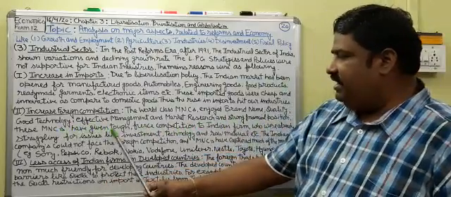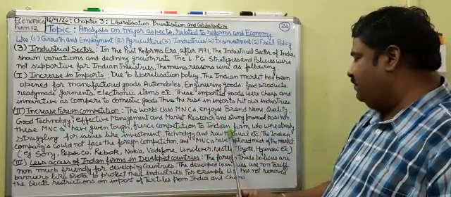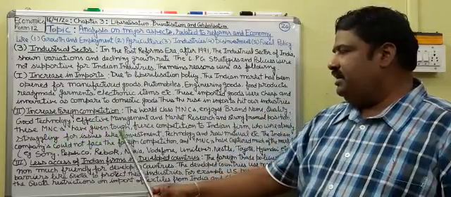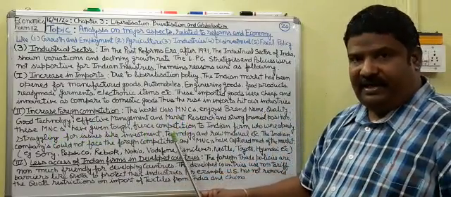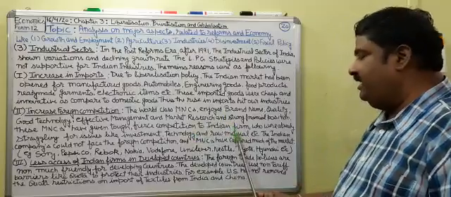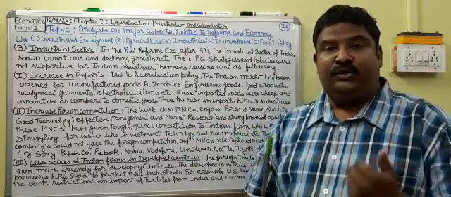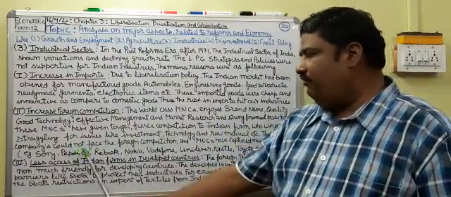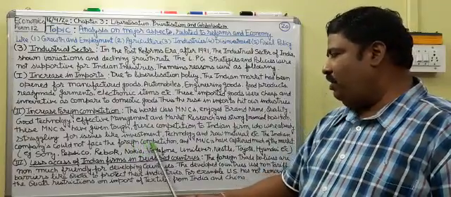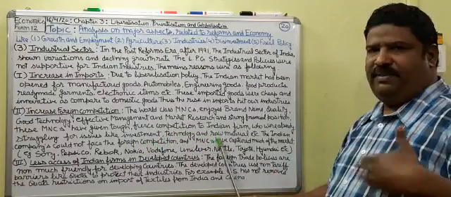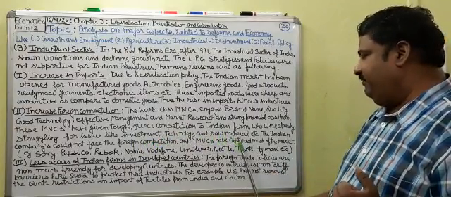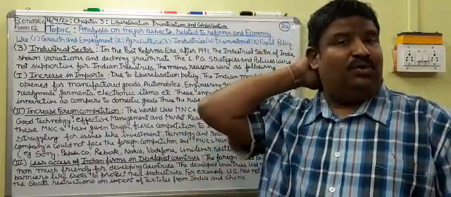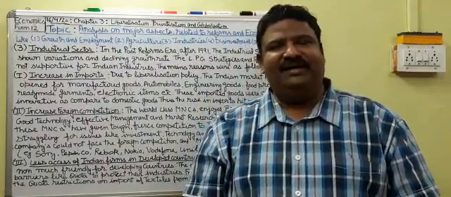The MNCs gave tough, fierce competition to Indian firms who were already suffering and struggling from issues like lack of investment, capital, technology, raw material, trade union issues, strikes, etc. The Indian companies could not face the fierce foreign competition, and the MNCs from the rest of the world captured much of the Indian market. So we were not able to face the competition given by the MNCs.